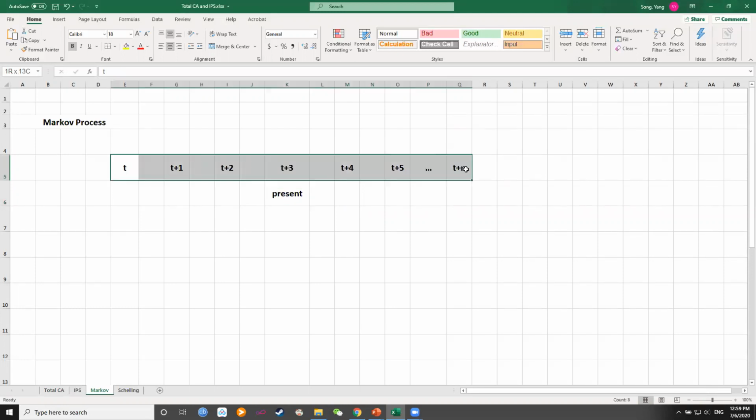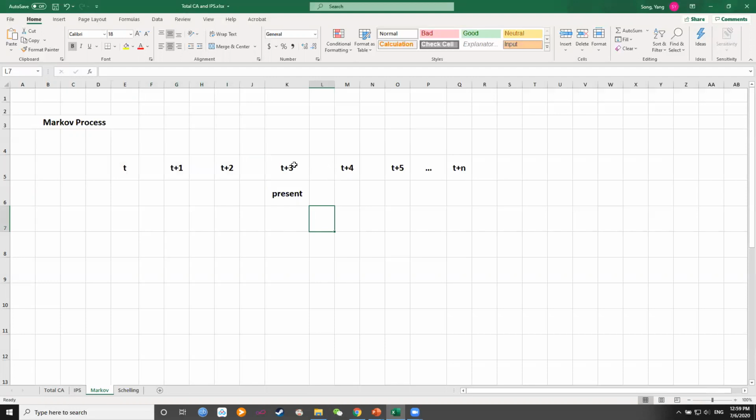If you assume that this timeline is a Markov process, then the state of the cell at t+4 is only decided by t+3. It has nothing to do with t+2, t+1, or t, which means the history matters, but only the history one tick before.